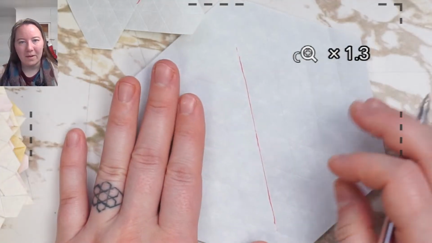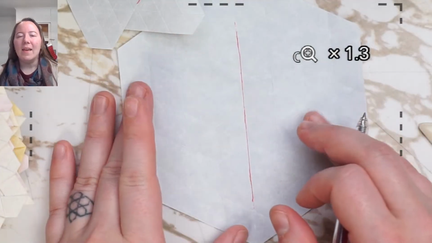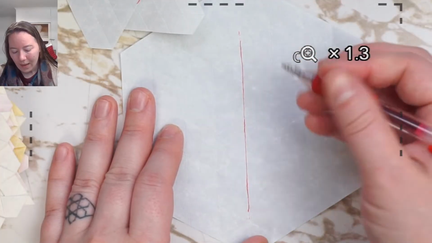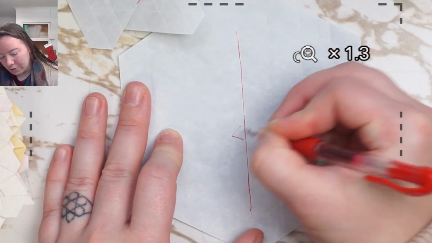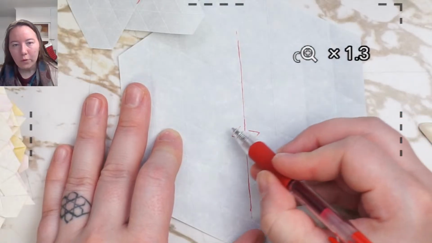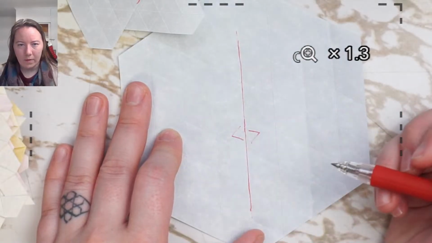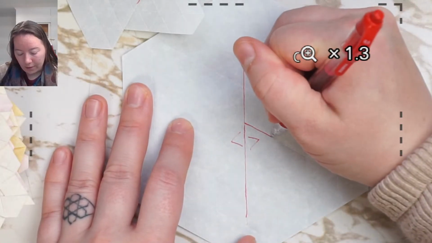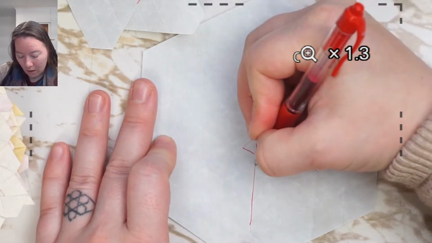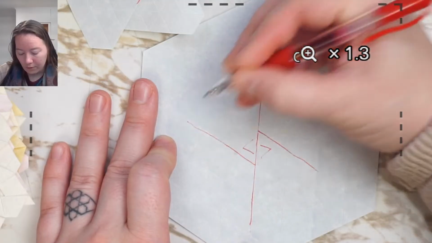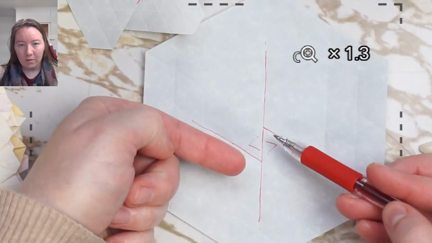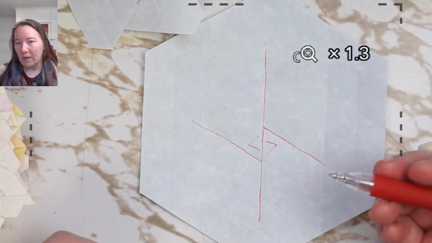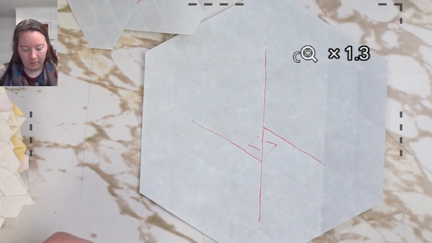So this is what I call the through line of the twist. And then there is a central diamond, 2 grid triangles on opposite sides of the through line. And how the diagonals come off of this central diamond, whether they're going this way or this way, is what determines whether this is a right or a left-handed twist.